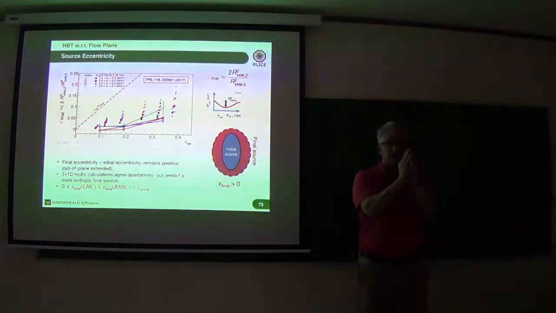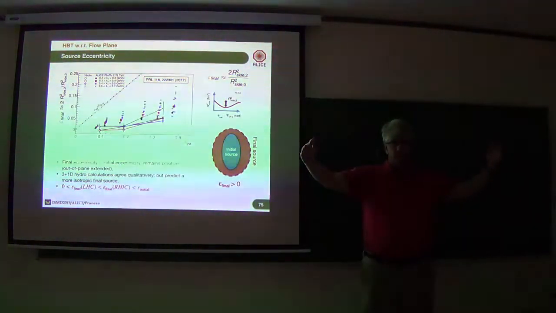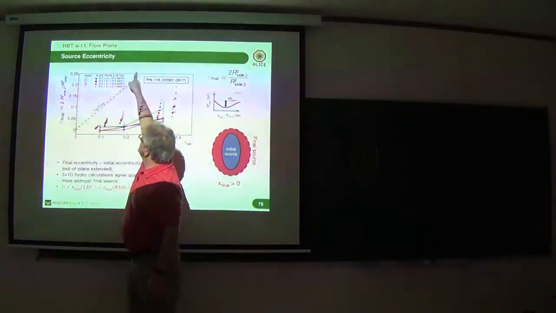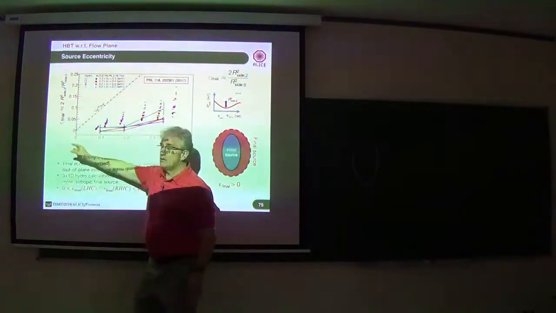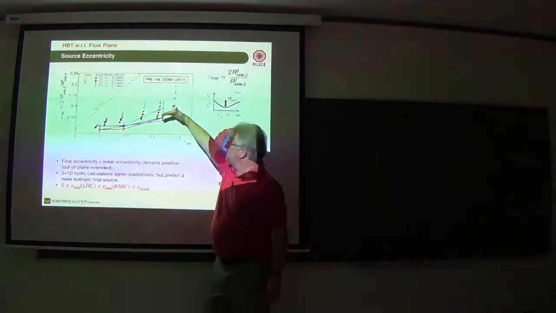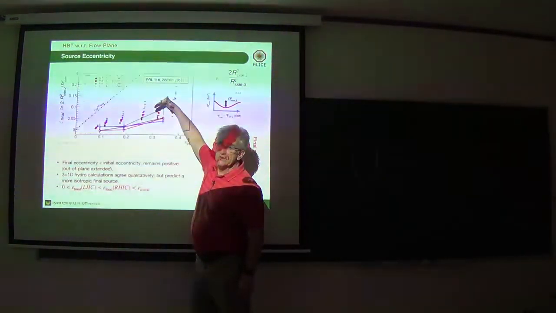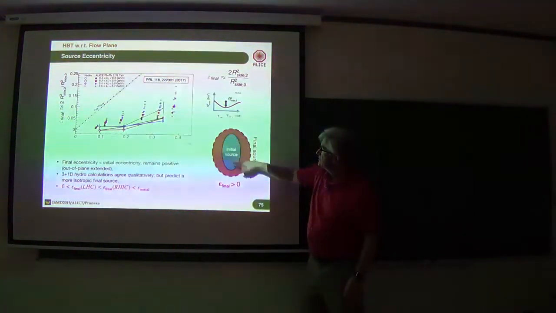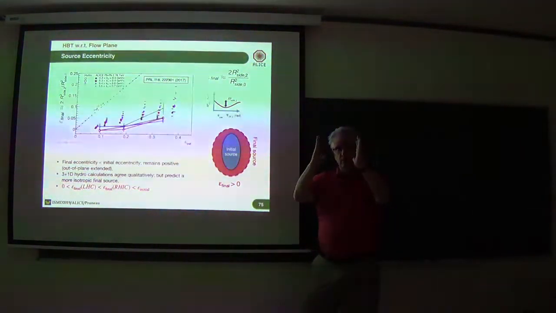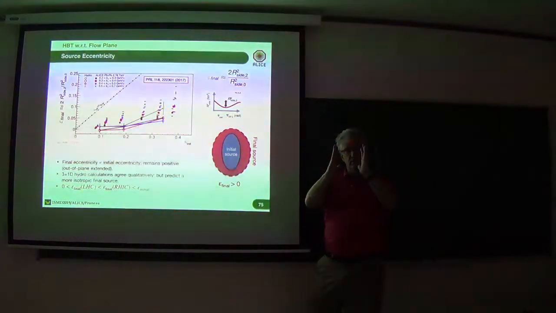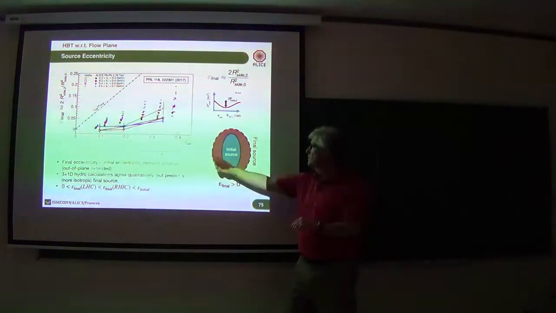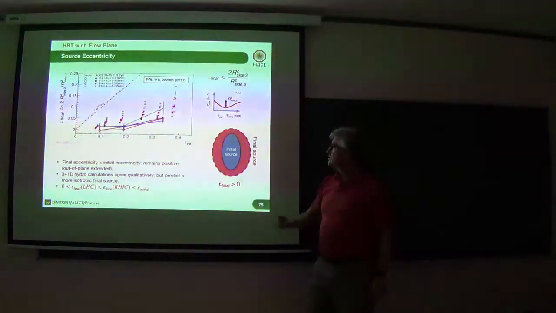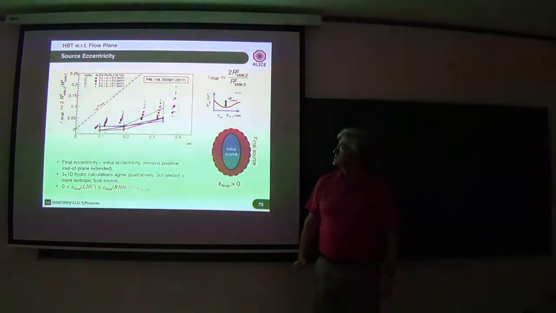In other words, that the shape would become very elongated along the reaction plane. What we find is that the equal eccentricity line is here, and so the final eccentricity is always below the line. It means that the system after expansion still has a smaller radius or smaller dimension along the reaction plane. It has expanded, but it's still smaller along that direction.